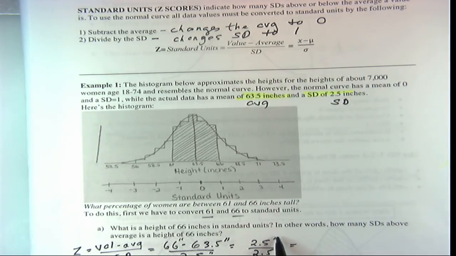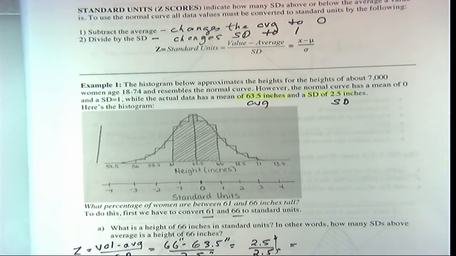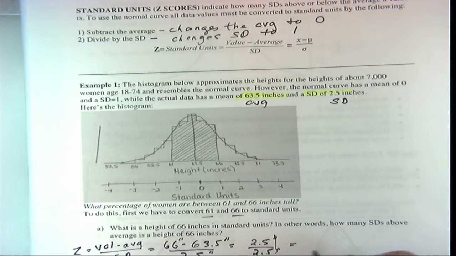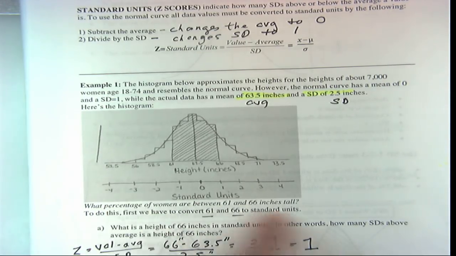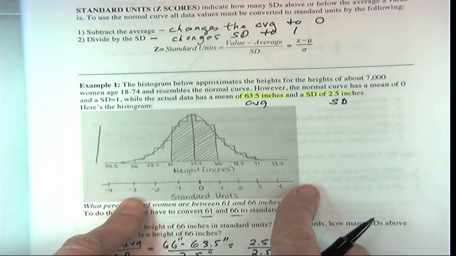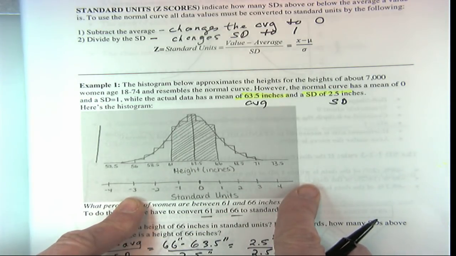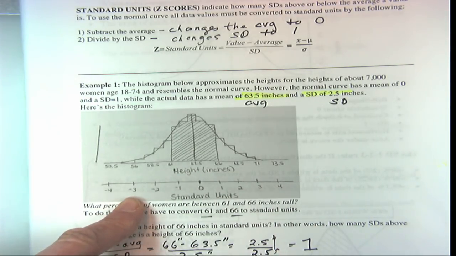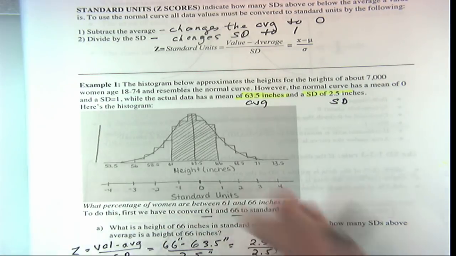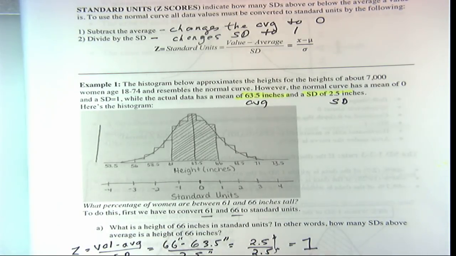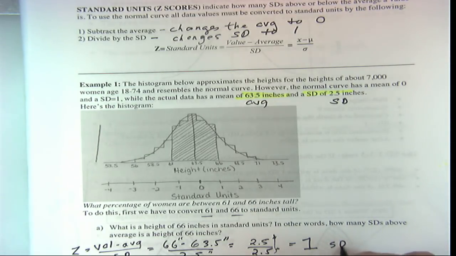It gets rid of the inches, and we're in standard units. They have no units. It's a standard measuring stick, and it means we can compare data sets that are measured in different units. We standardize them. This means one standard deviation above the average.